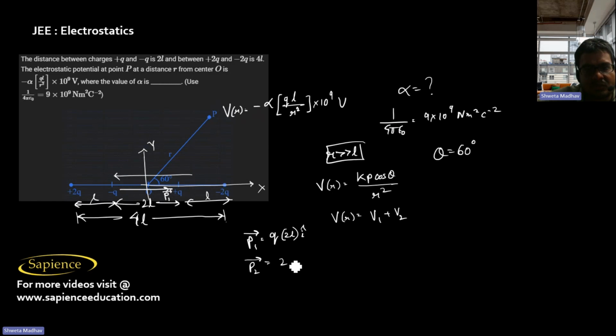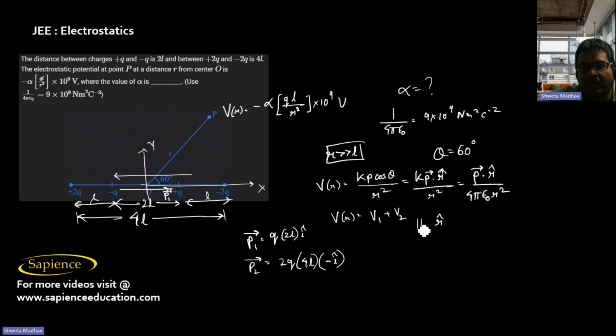So this is 2q into 4L into minus I cap. And actually it is Kp vector dot R cap by R square, which is P vector dot R cap by 4 pi epsilon naught into R square.